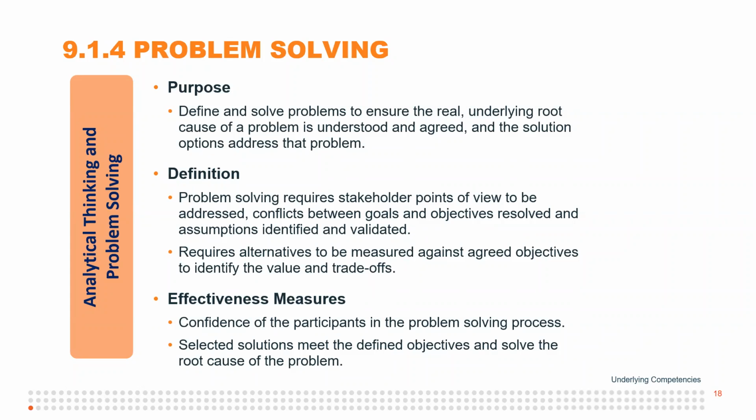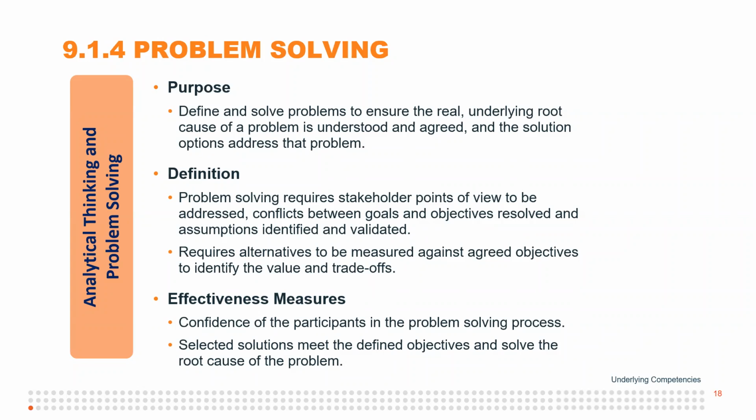And effectiveness measures of problem solving are that the participants in the problem solving process have confidence in you and in the actual problem solving process itself. And that the selected solutions actually do meet the defined objectives and do solve the root cause of the problem.